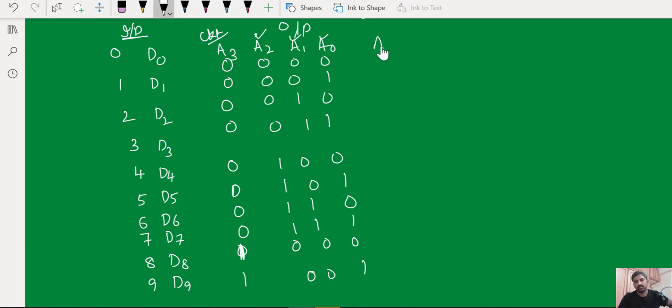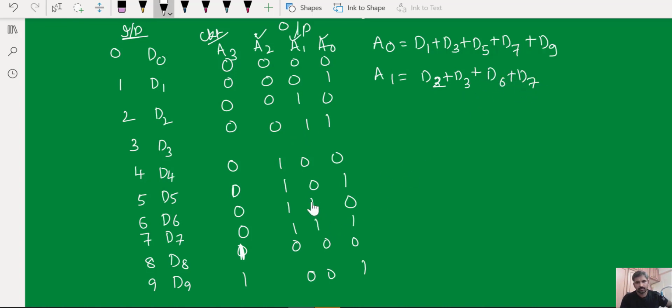If I make the output expression for A0, I'm supposed to write 1, 3, 5, 7 and 9, so D1, D3, D5, D7 and D9. Similarly, for A1 it is 2, 3, 6, 7, no other place.